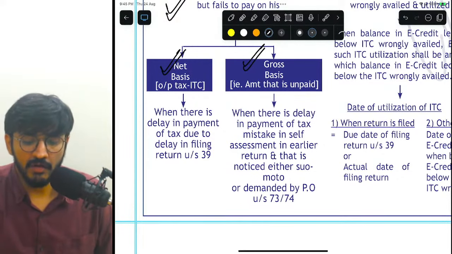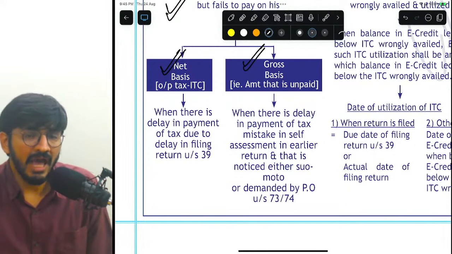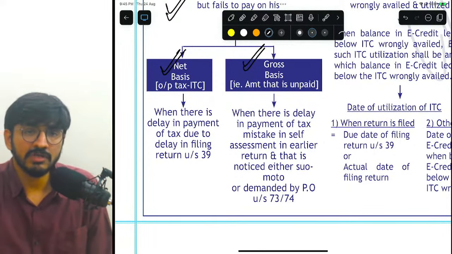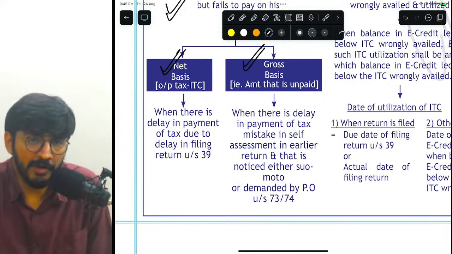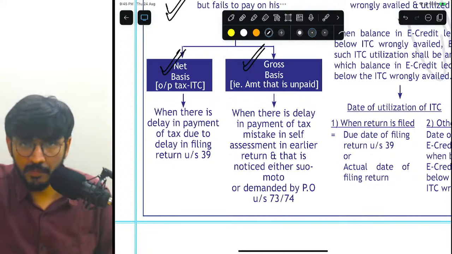Very simple. When there is delay in payment of tax due to mistake of either the supplier, who points it out himself, or because it actually got pointed out by the proper officer. Now, how does that happen?